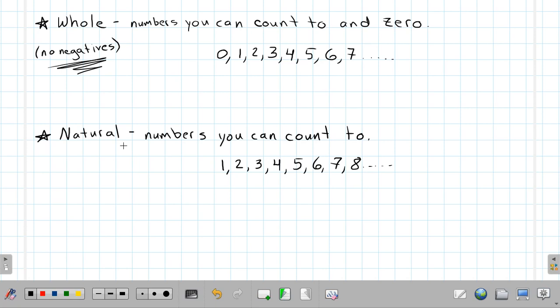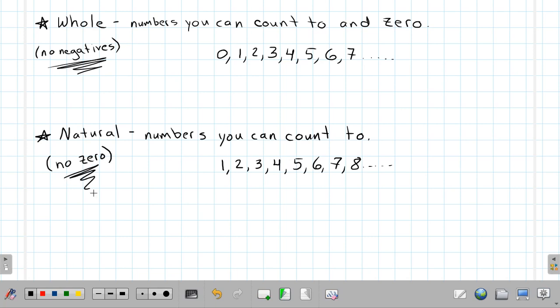If a building doesn't have windows, we just say the building doesn't have windows. We don't say it has 0 windows, which now we do because we have the concept of 0. But if we're talking about 0, it's specifically a whole number and an integer and a rational number, but not natural. Okay, so once again, natural numbers are only the numbers you can count to. So the way this is different here is there's no 0.